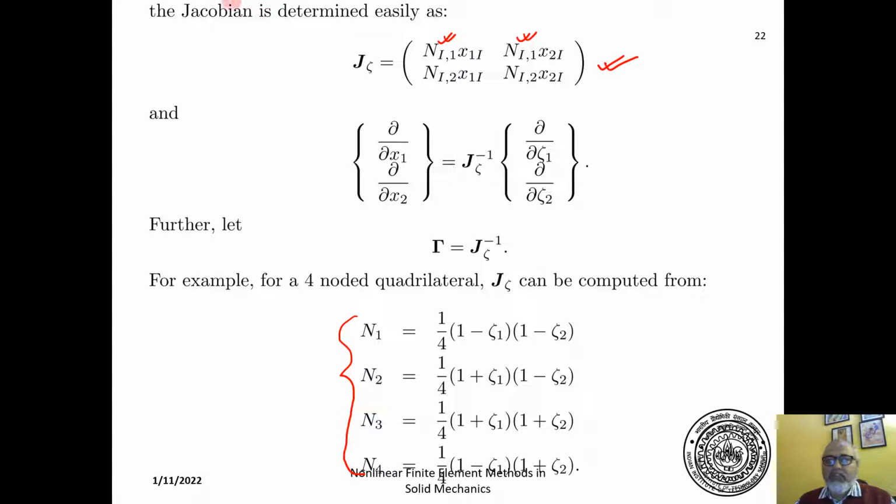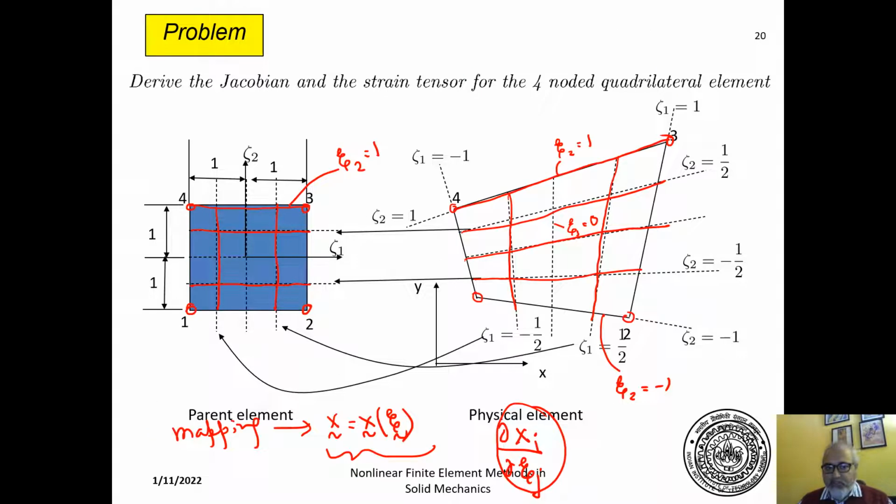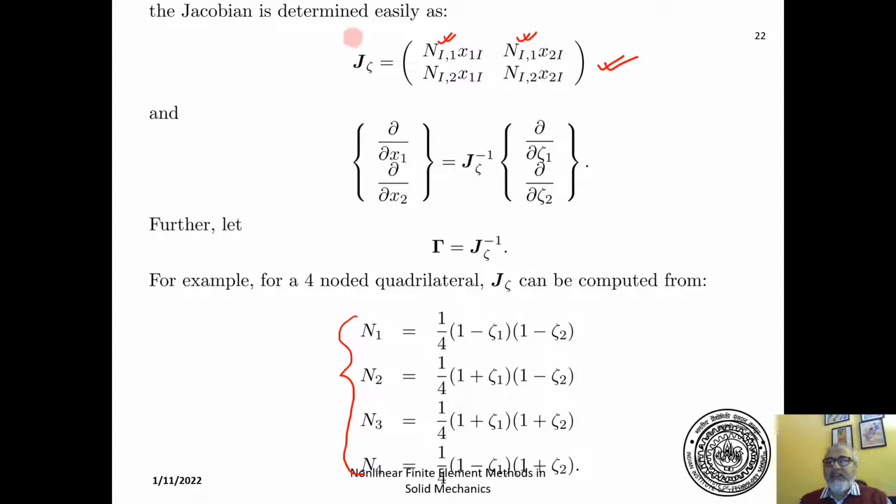So this matrix can now be inverted. If it's a one-to-one mapping as we envisage it to be, so that every point in the parent maps to one and only one point in the physical element, then the inverse of J zeta exists, and it is J zeta inverse.